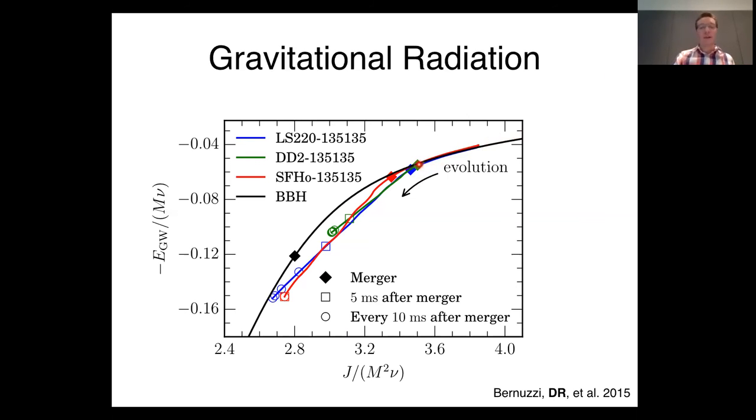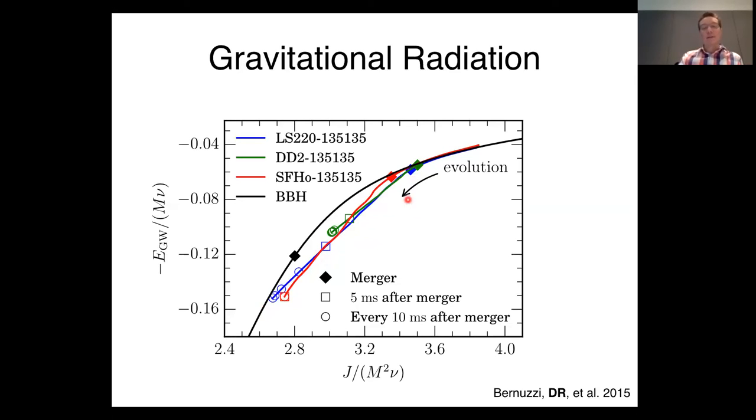And afterwards, you can notice two things. First of all, the evolution proceeds almost on a straight line. And the reason is that the ratio between energy and angular momentum is, of course, a frequency. So this suggests that the post-merger evolution has a characteristic frequency, which is an eigenfrequency of the hypermassive neutron star.